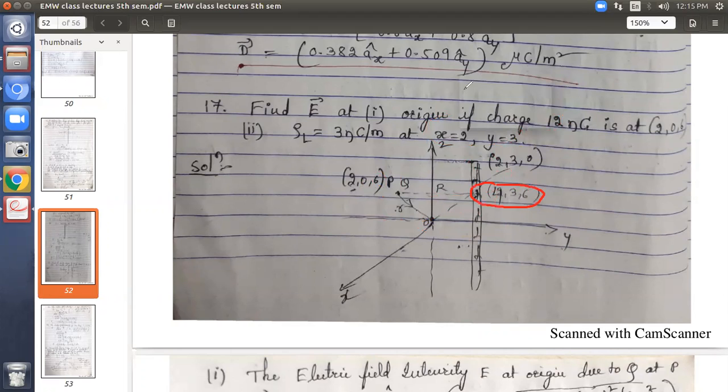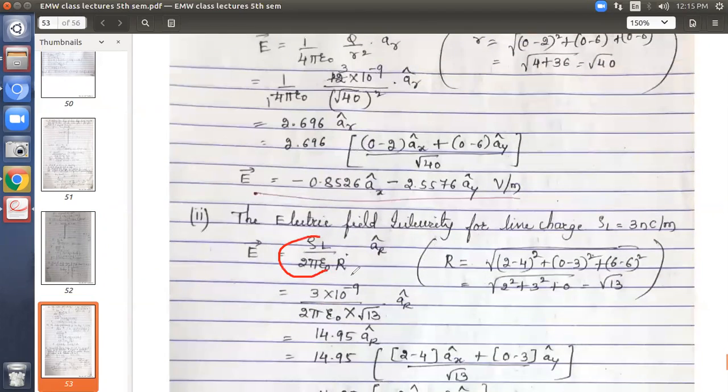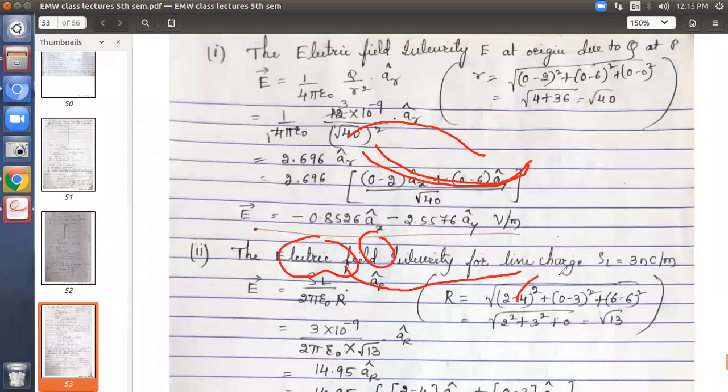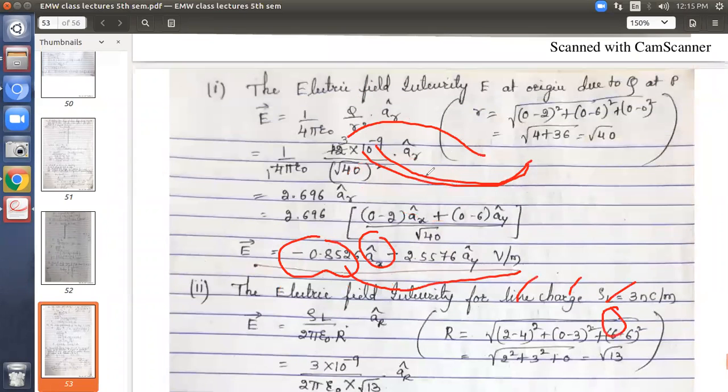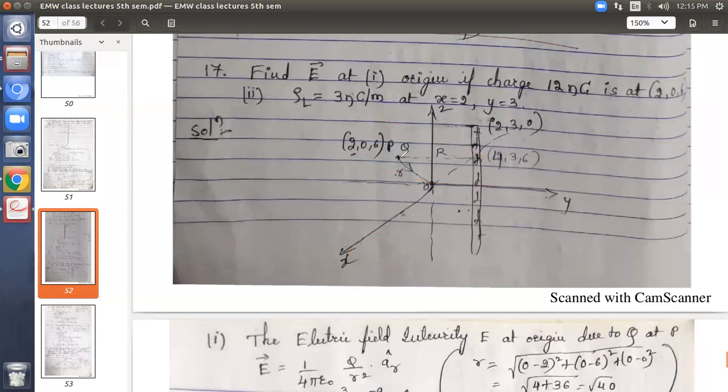So once we do that, let's go for calculation. Rho L divided by 2 pi epsilon naught into R into AR. So what is the distance? Calculate the distance. 2 minus 4, 0 minus 3, 6 minus 6, root of 13 you will get. And AR calculation, that is the unit vector, check the direction.